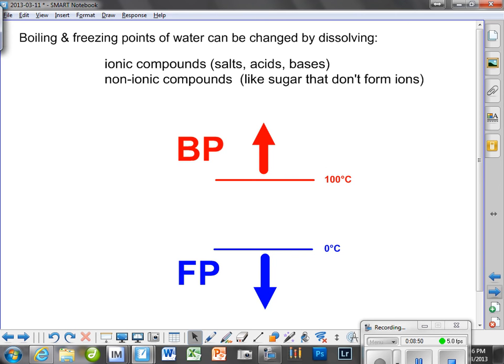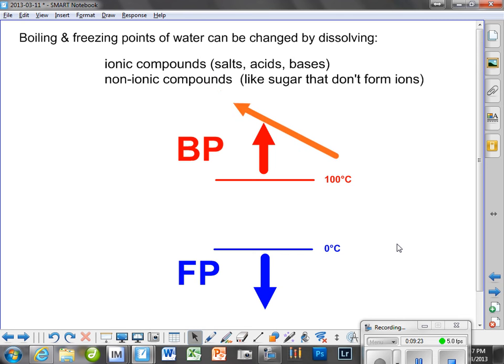Here's the deal. It's the real deal. So, if you look at boiling point, that's what BP stands for. Boiling point will go up when we put things in the water. And there's good reasons for that, which we're not going to talk about right now, but just be satisfied that boiling points always go up as we add either an ionic or a non-ionic compound.